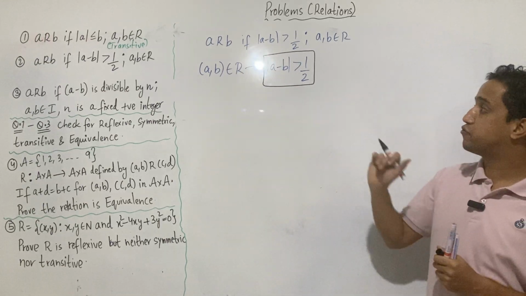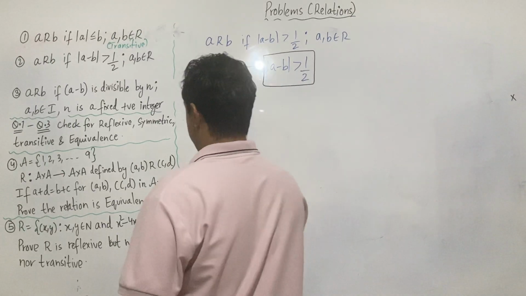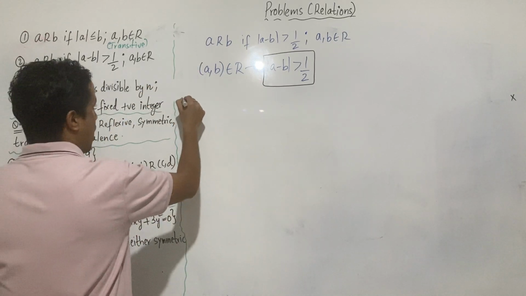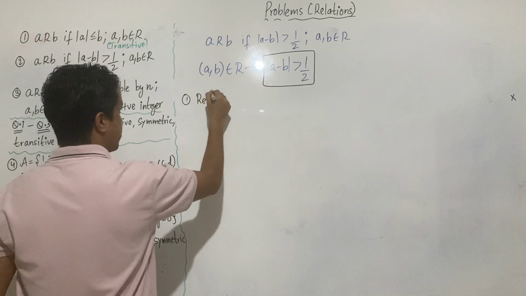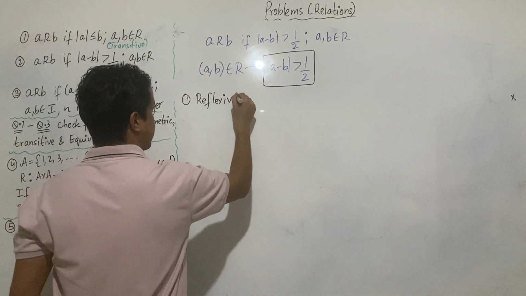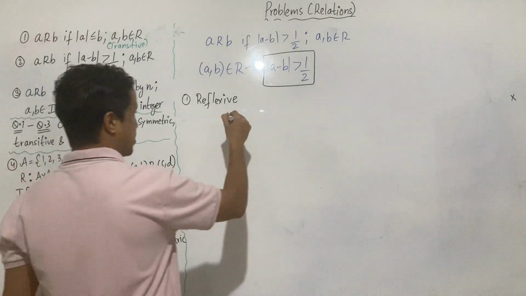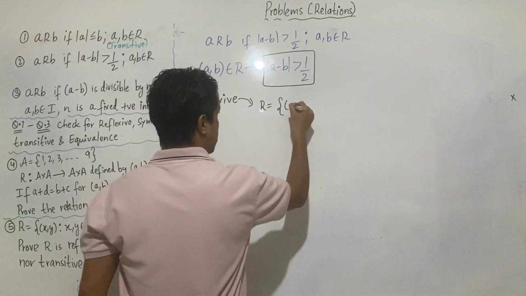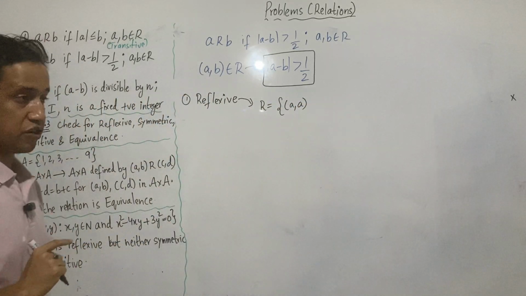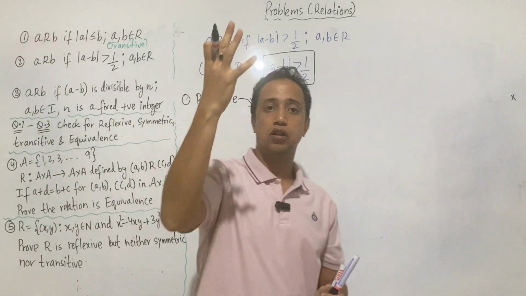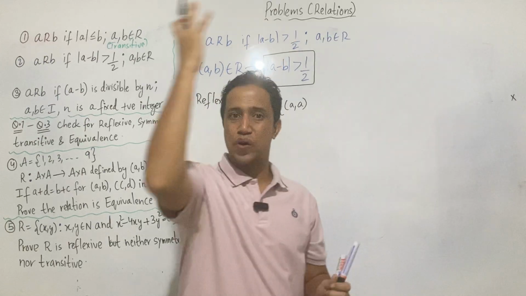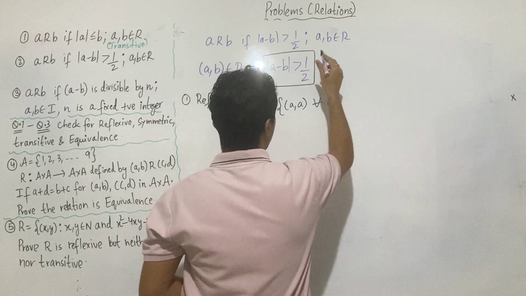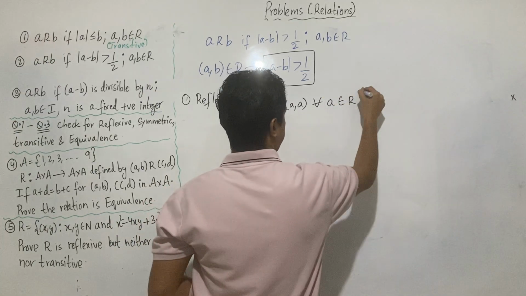Now we have to check if this relation is reflexive, symmetric, transitive, and equivalence. Let's start with number one, reflexive. What is a reflexive relation? A reflexive relation says that all the elements of set A are related to themselves, so (A, A) for all A belonging to the real numbers.